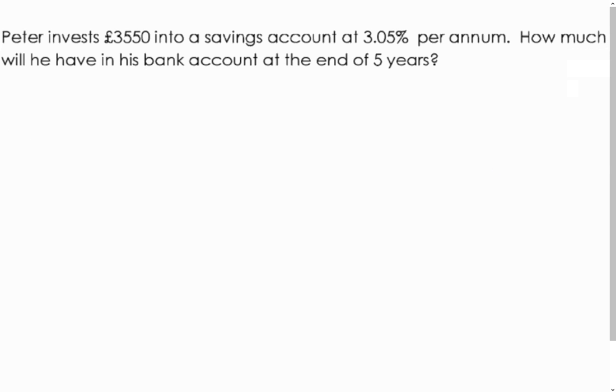Okay, Peter invests 3,550 into a savings account at 3.05% per annum. How much does he have at the end of the 5 years? So again, the amount you have is your principal amount times 1 plus, now that has to be shown as a decimal, so you know 3% will be 0.03, and then you just add your 0.05.